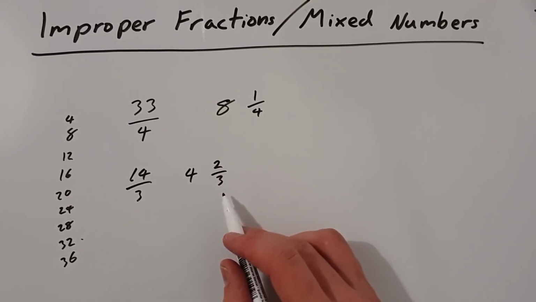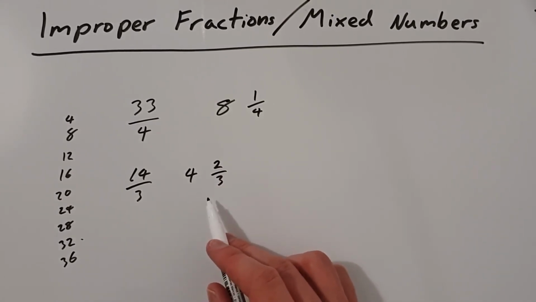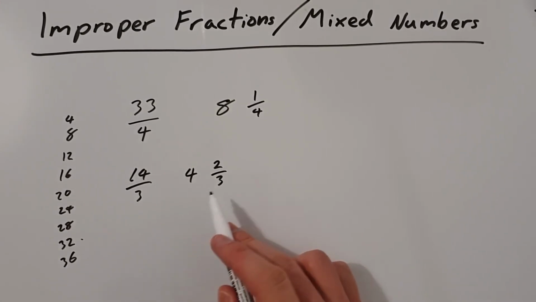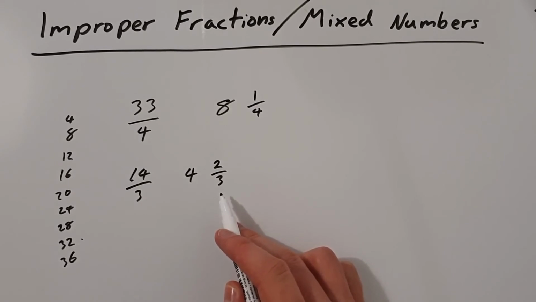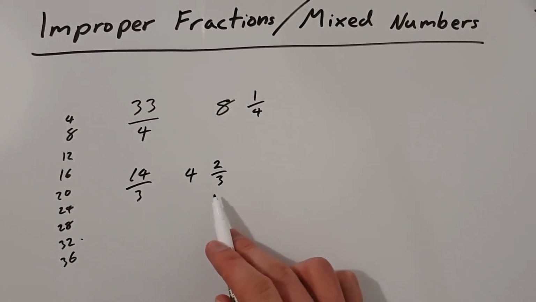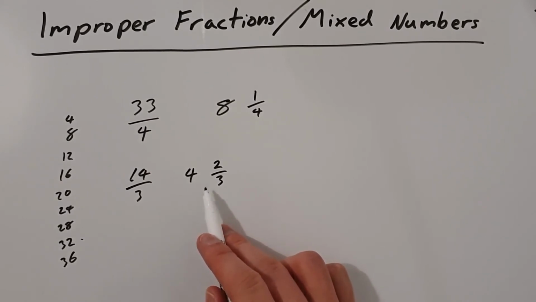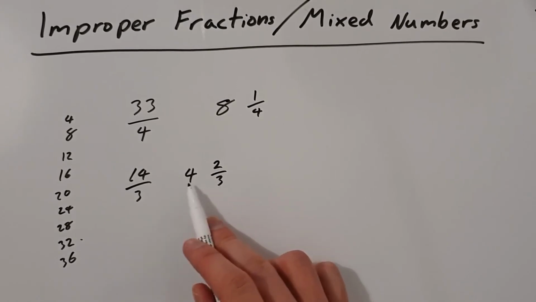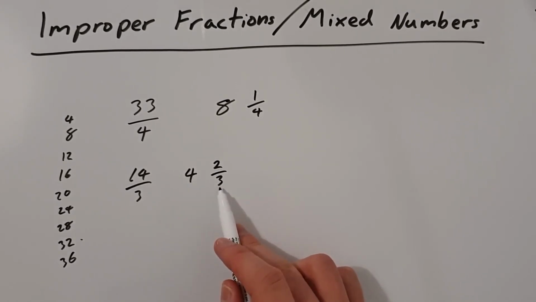And then, of course, if you're unsure of your answer, one thing you can do to check it is to convert it back the other way, using the method we did earlier in this video. So we'll choose this example. If we wanted to convert this mixed number back into an improper fraction, we would multiply the whole number and the denominator. So 4 times 3 is 12.